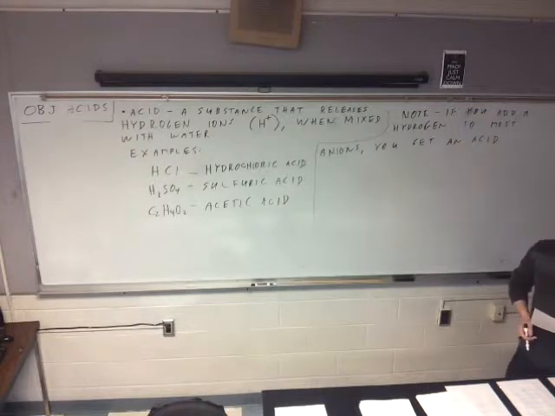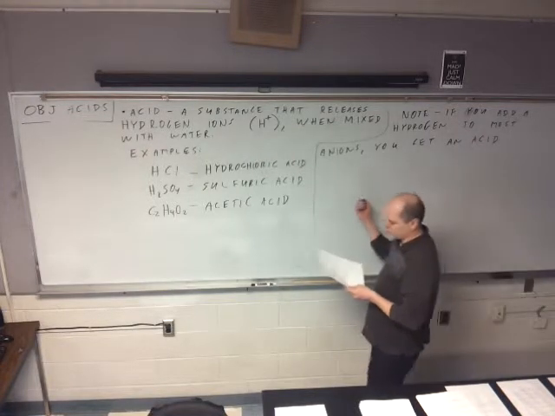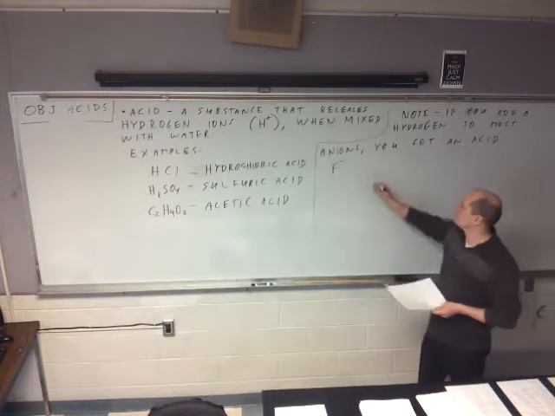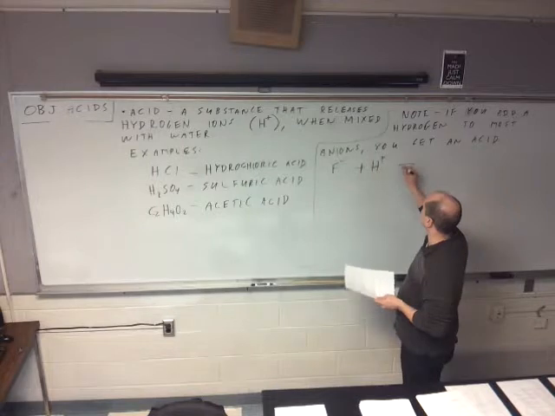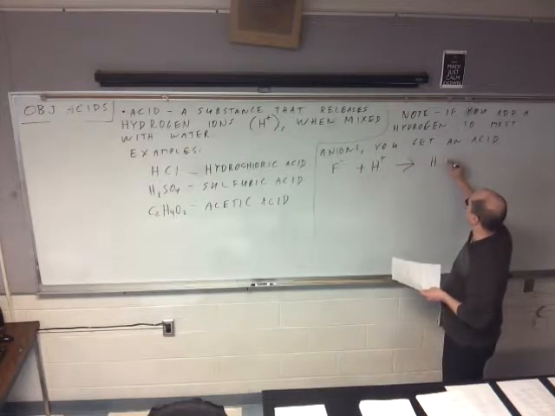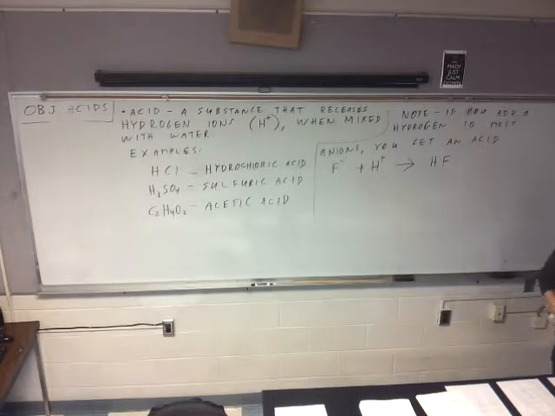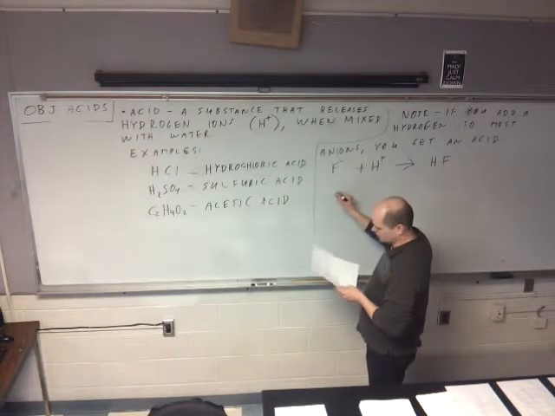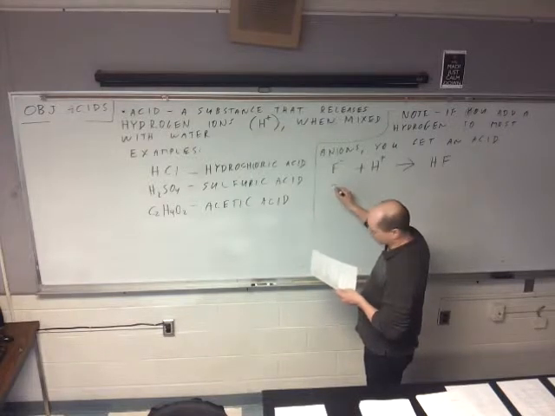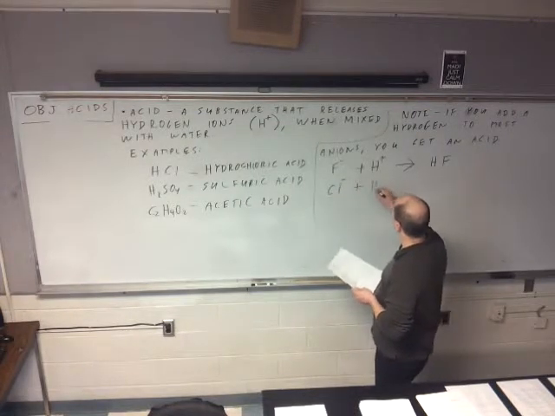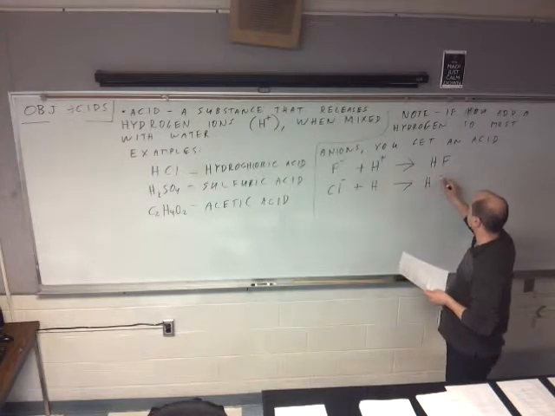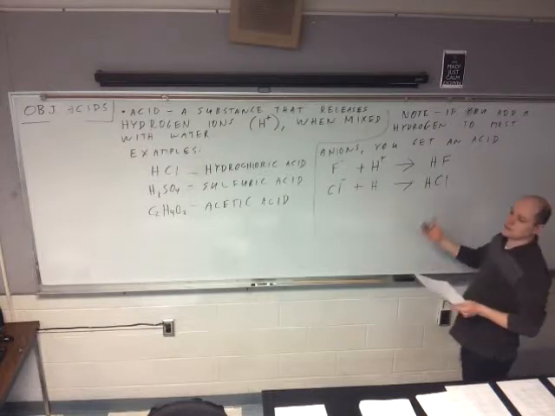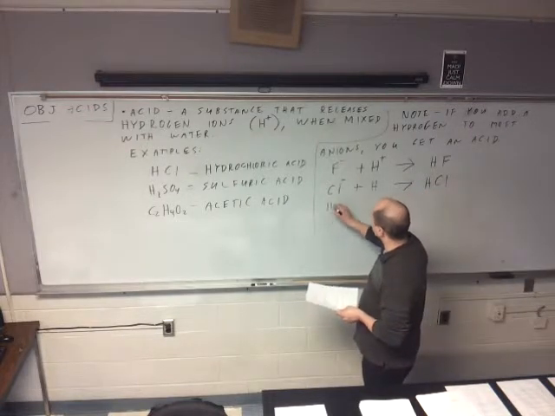It's just a negatively charged ion. So let's say we take a fluoride ion and we add a hydrogen to it, and we get HF, hydrofluoric acid. Same thing if we took chloride ion, we stuck a hydrogen onto it, we get hydrogen chloride, hydrochloric acid. And even ones that already have a couple hydrogens, dihydrogen phosphate.